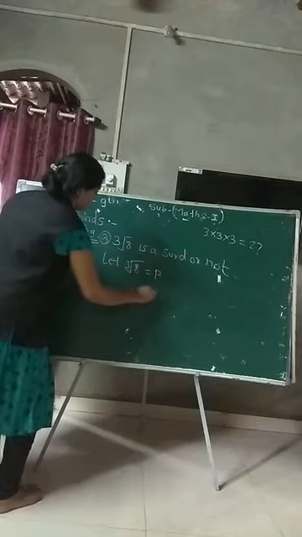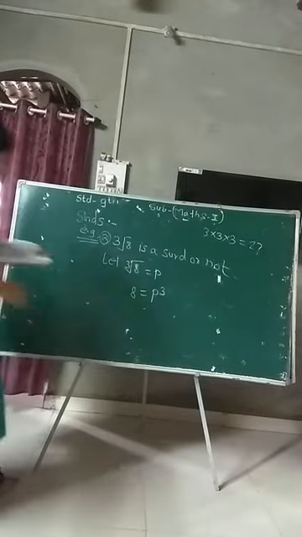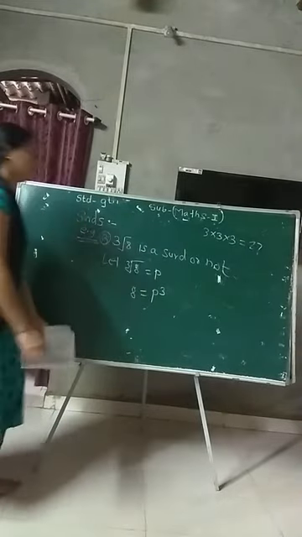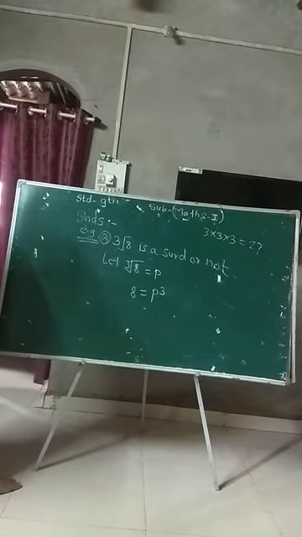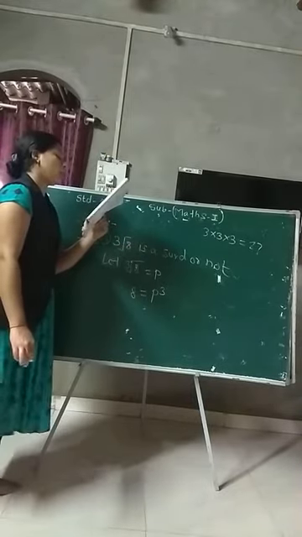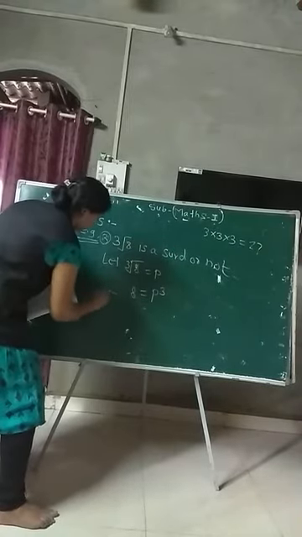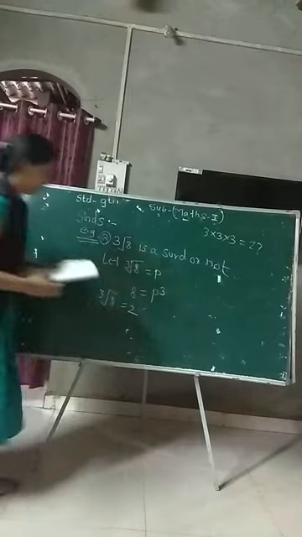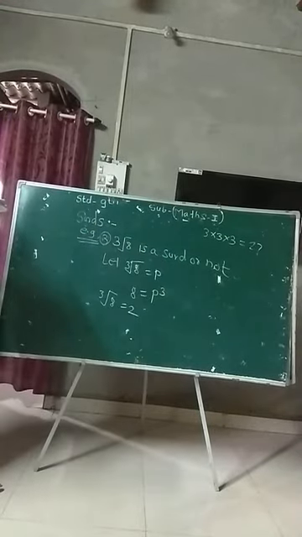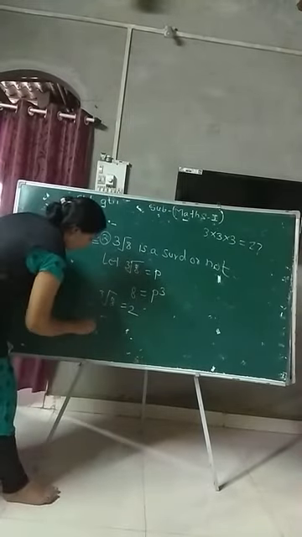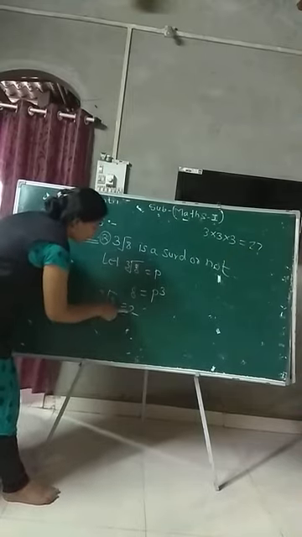So 8 is equal to p cube. So cube of which number is 8? Cube of 2 is 8. So we know that 2 is cube root of 8, so p is equal to 2, and 2 is a rational number, not an irrational number.